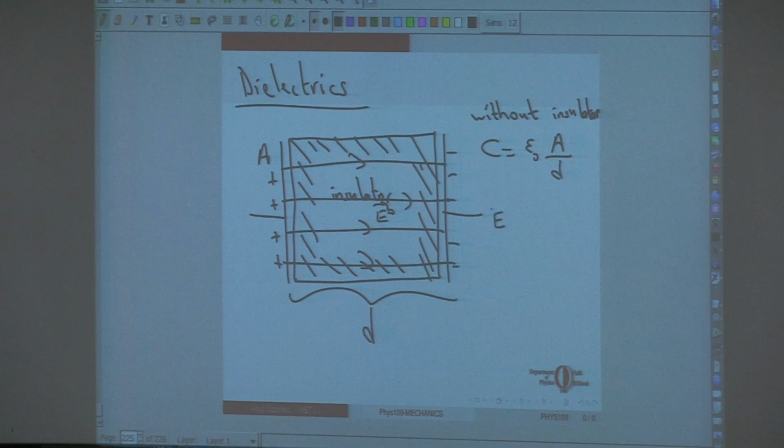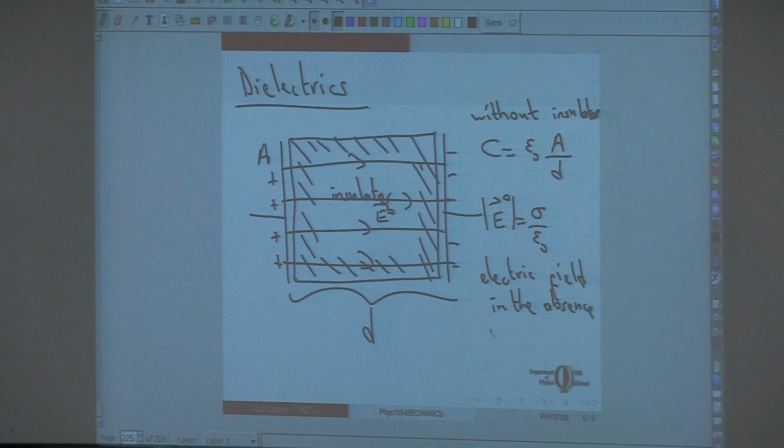The magnitude of E0 will be sigma over epsilon 0. This is the electric field in the absence of the insulator.